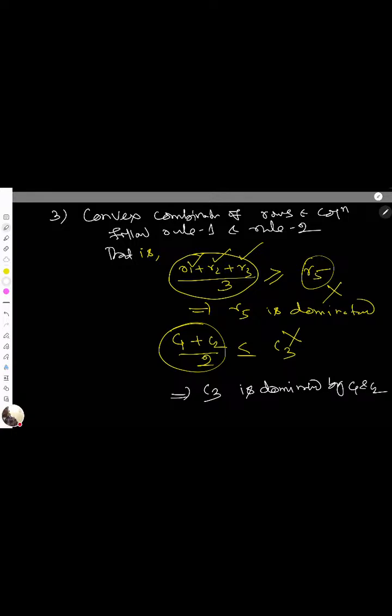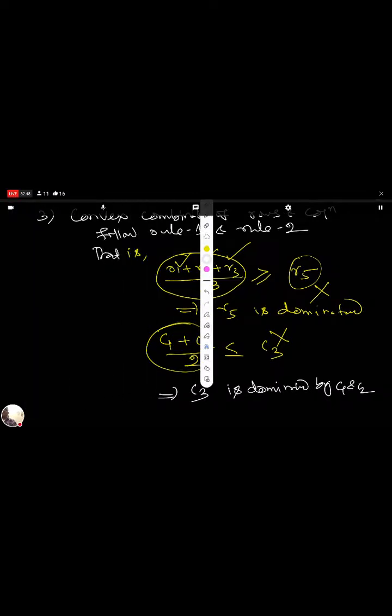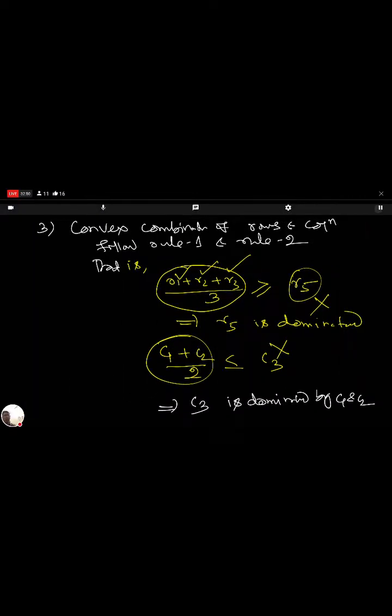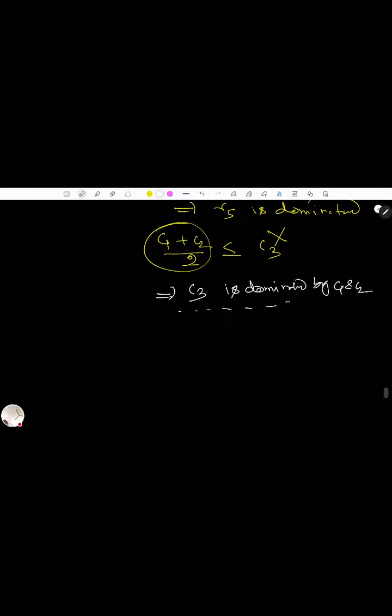In that way we'll try to bring it to a 2x2 matrix. Once we reach a 2x2 matrix, we use the mixed strategy case.